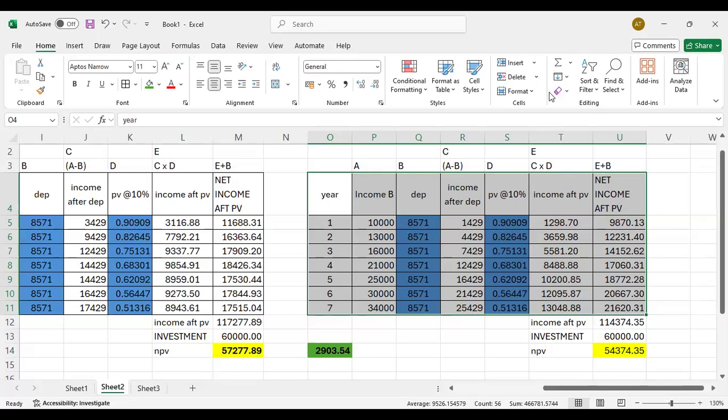So now let's begin the next chapter. Now we have seen two projects. So we can compare project A with project B and decide which is possible and which is not possible. But in case I want to select both the projects, what to do?